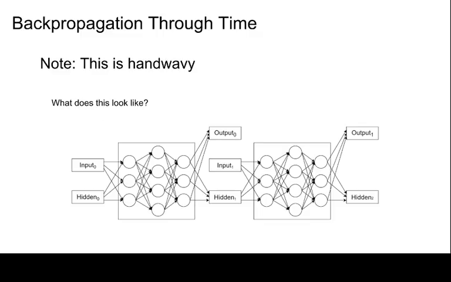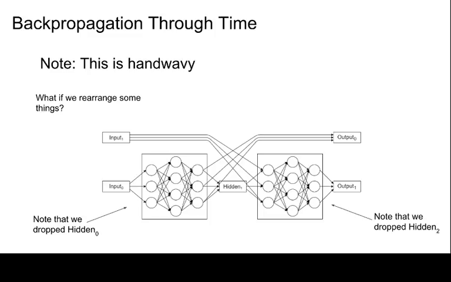And here's that structure that we were just talking about before. You've got a couple inputs going in, a couple outputs going out, and some hidden values going along. But this looks like a feedforward neural network if we rearrange it a little bit. We've dropped the input and output hidden states, because those are all zeros, and for the sake of notation we're dropping them. Here we've got two inputs on one side, two outputs on the other side, and some hidden representation in between.